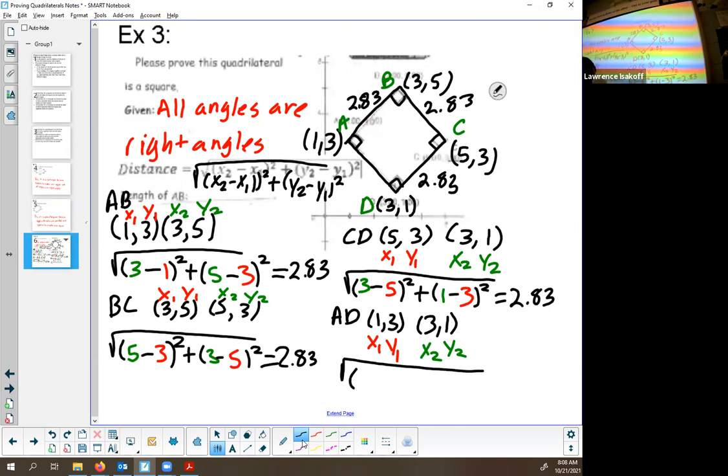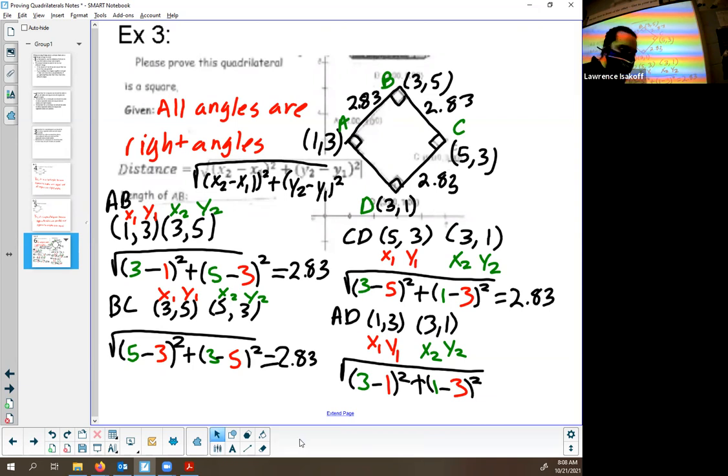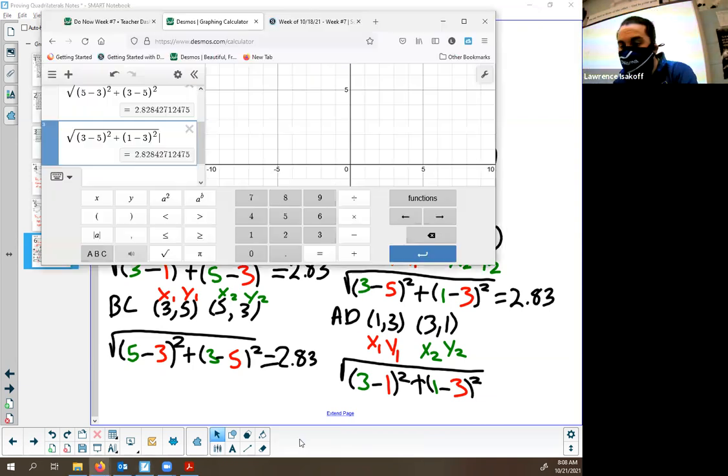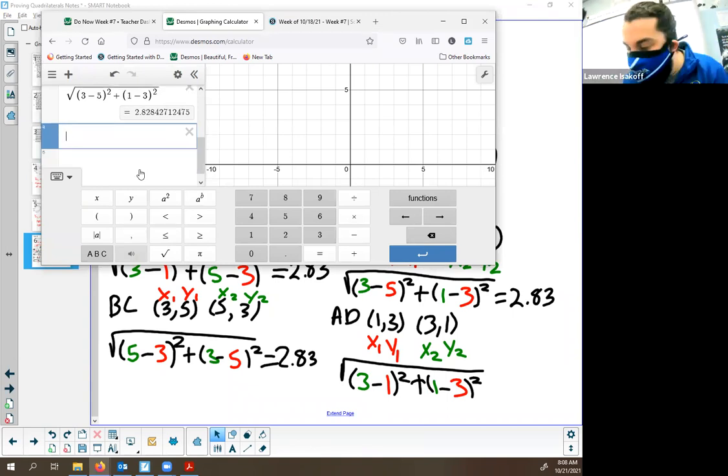Square root of, now I need to do X2 minus X1, so that's 3 minus 1, close parentheses squared, plus, now Y2 minus Y1, Y2 is 1, minus 3, quantity squared. Let's quickly type this into the calculator. And my guts tell me we should get, again, that 2.83, but we actually need to put it in and see.